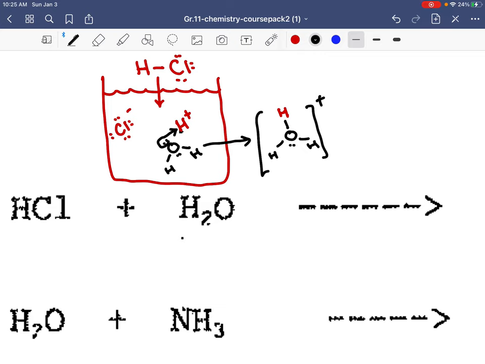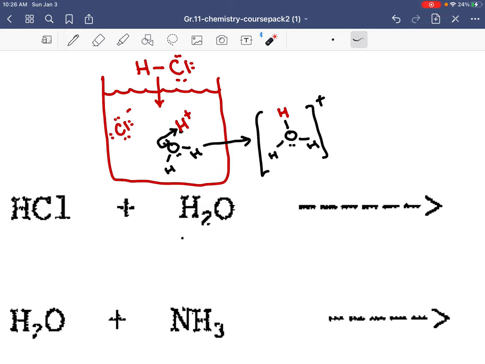Remember? Dative bond, coordinate covalent bond, whatever you like to call it. That's exactly what happens to H plus. So the fate of a proton is that it is taken in by water to form a dative bond to create something called hydronium.